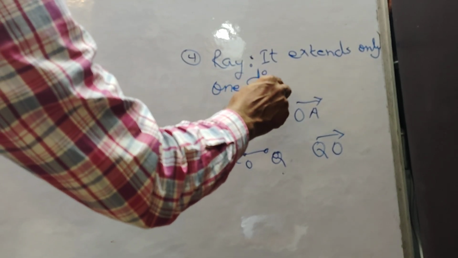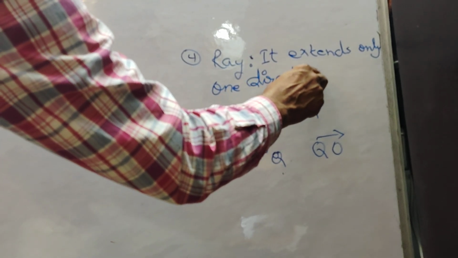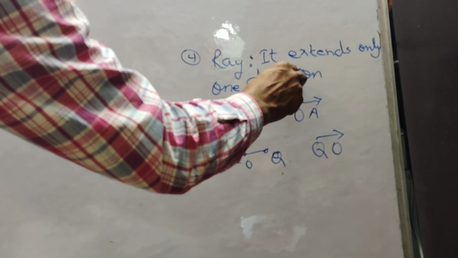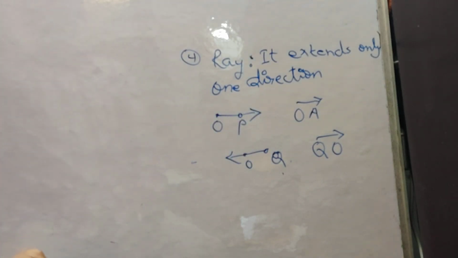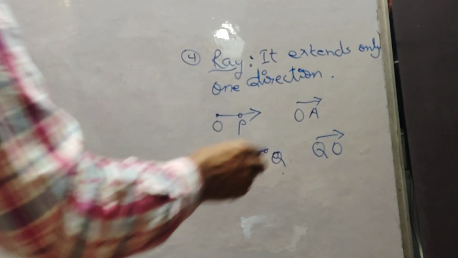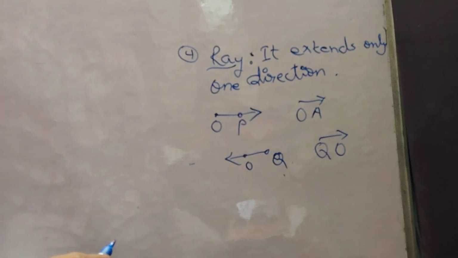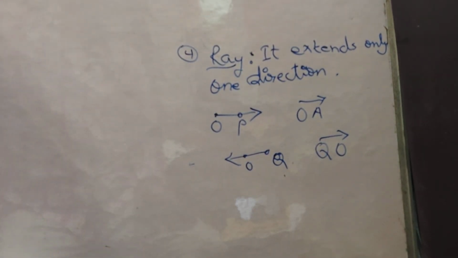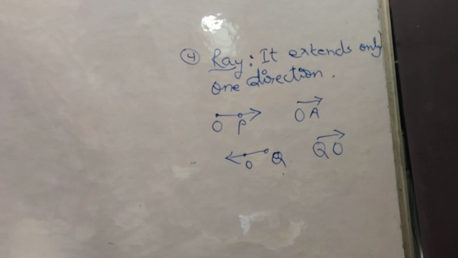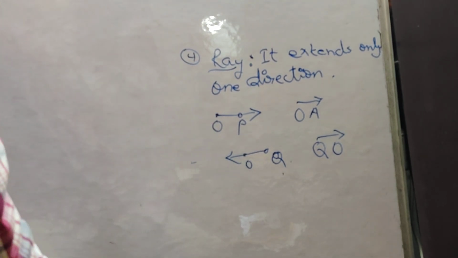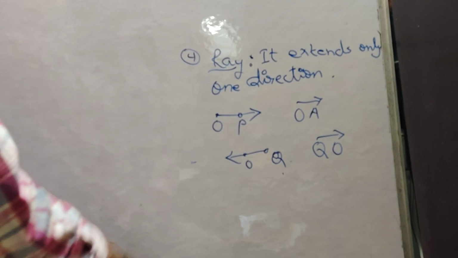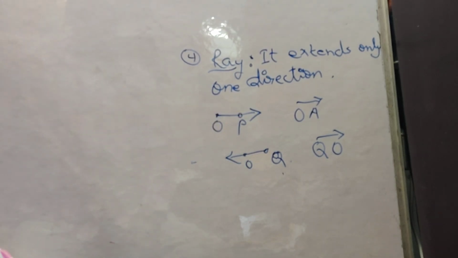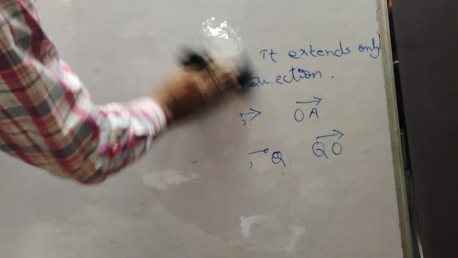This is the main difference between a ray and a line. A ray is extension in one direction, a line is extension in both directions. So we use two letters to represent the ray. It has infinite points. It is not measurable because it has an arrow. So its length is not fixed, so it cannot be measured.